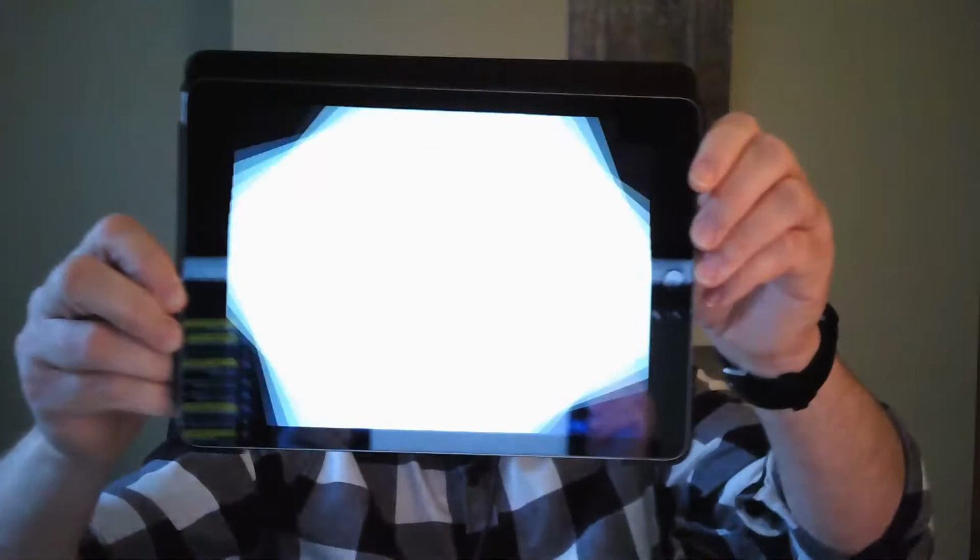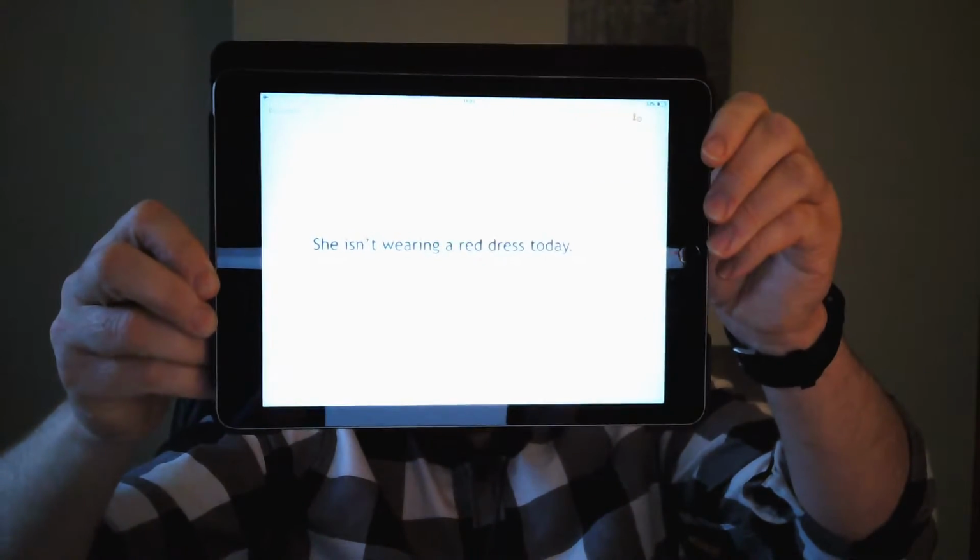Okay, I'm going to give you the correct sentence, and then we can compare this with what a present simple sentence would look like. So the correct sentence is, she isn't wearing a red dress today. She isn't wearing. So it's present continuous. The person is she, so we know we need to use the correct form of the verb to be, is, and then wear, ing.